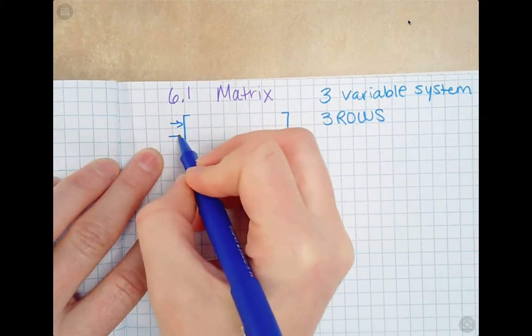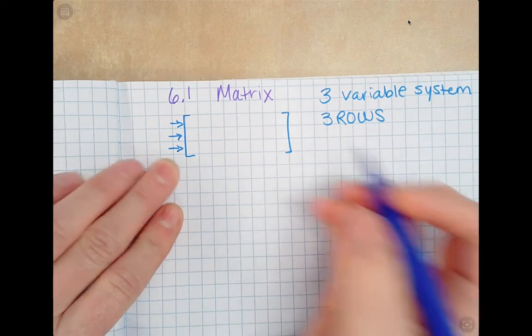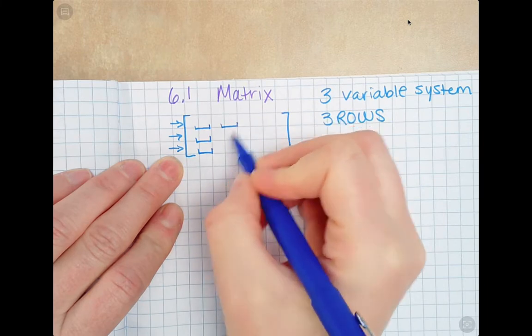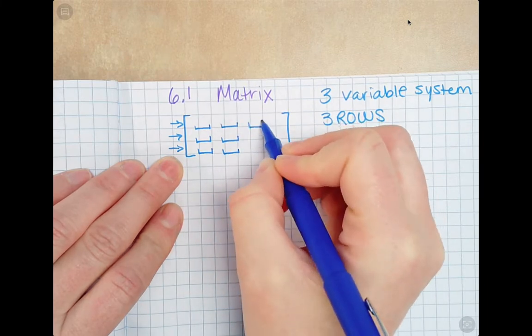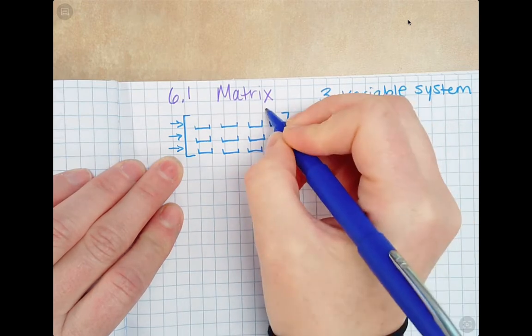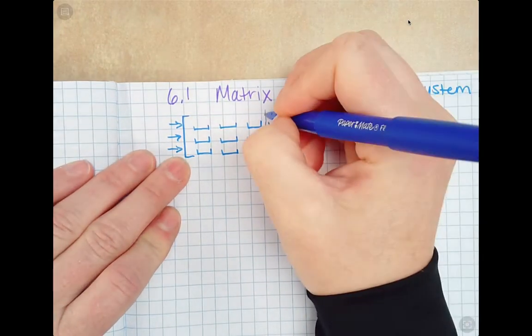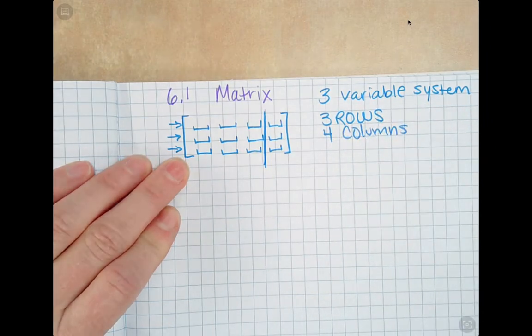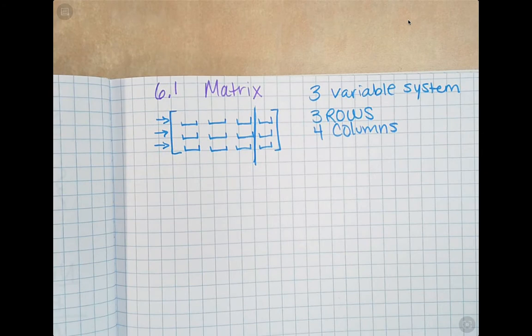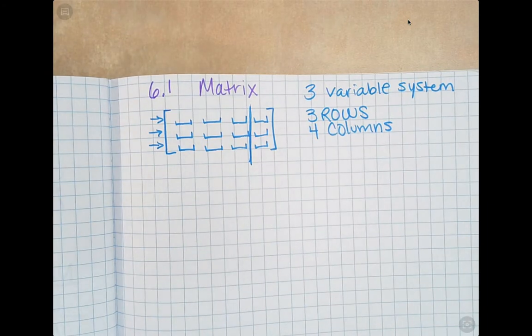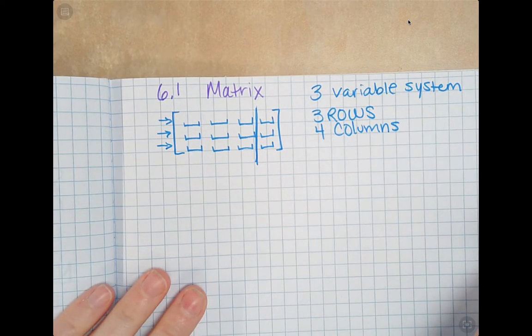You'll have 1, 2, 3 rows, and then there'll be 4 columns. And there's usually a line down it. So it's rows by columns.